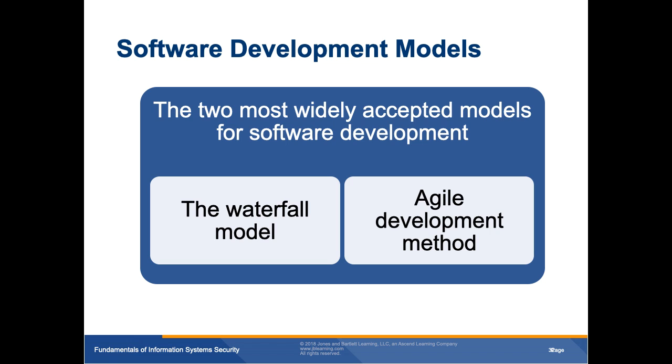So you have these defined steps, and one step has to complete before you go to the next step. And that's how it's kind of said to be a waterfall. It trickles down. The Agile development is a much newer style and method, and you're doing smaller pieces.